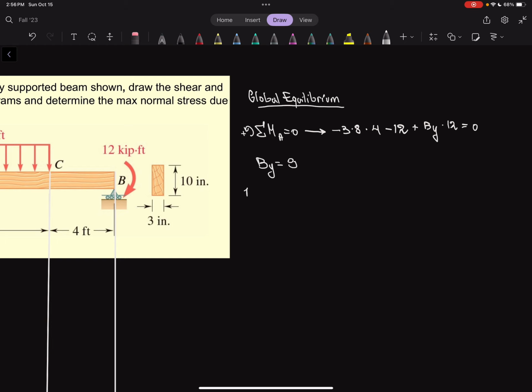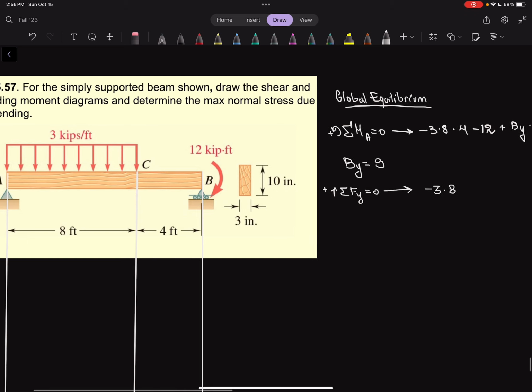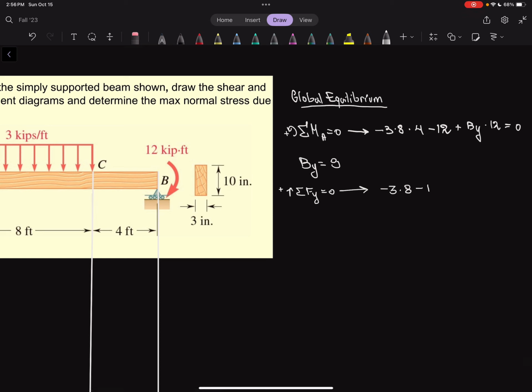Sum of the forces in the y direction must be equal to 0. So that's going to be minus 3 times 8, plus 9, and then we have our plus Ay, and that's equal to 0.